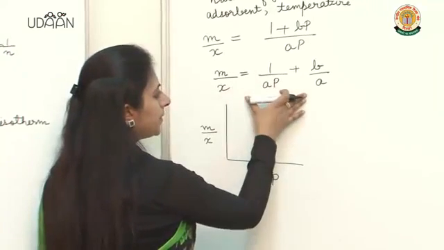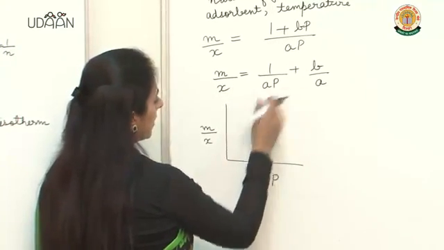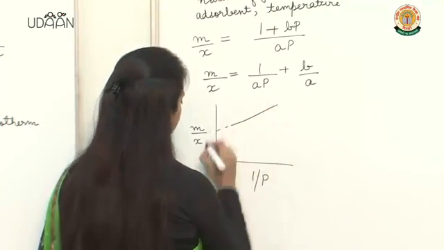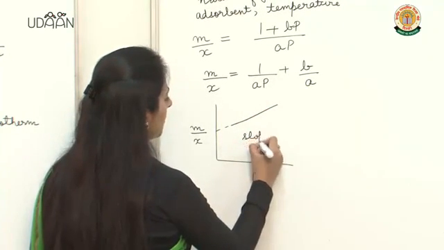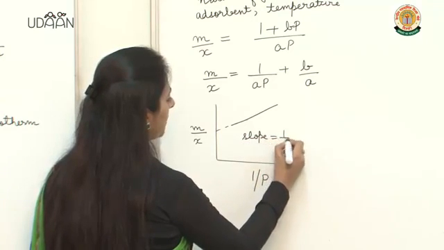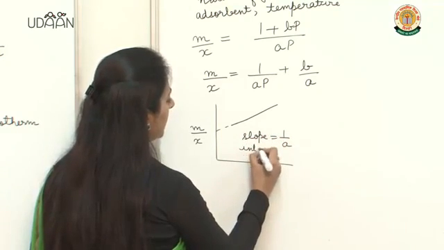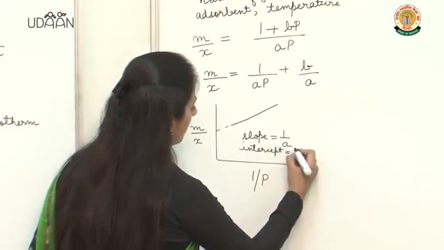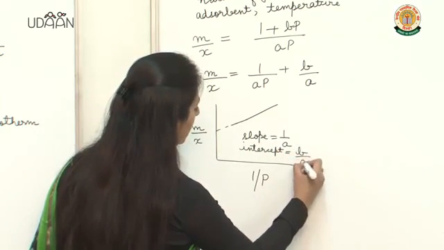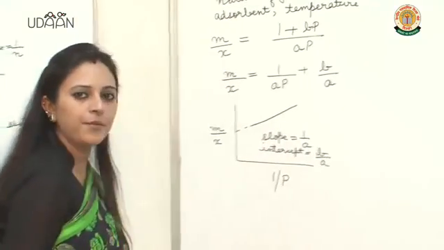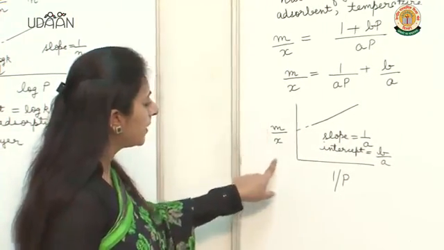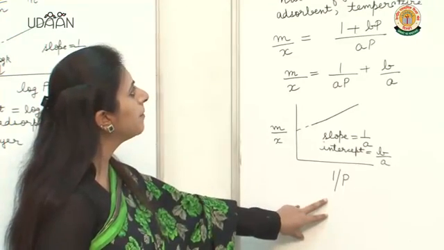If I compare it with the equation of a straight line, the slope would be 1 by a and intercept would be b by a. So this is the plot between m by x and 1 by p.